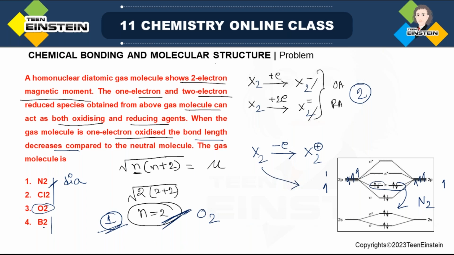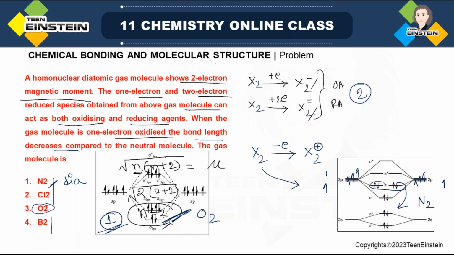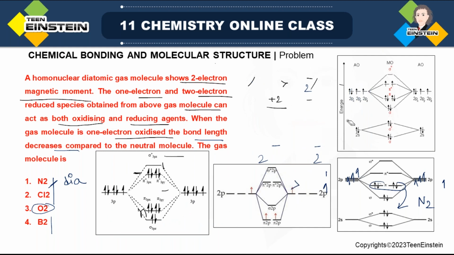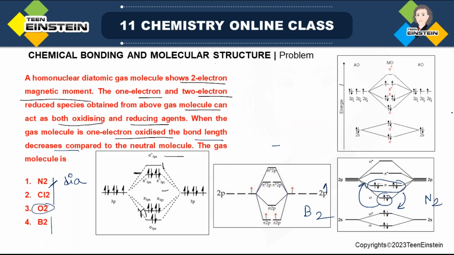So we have to choose between these two, because if you consider chlorine, there is one mistake: it should be below, it should be up. So this is for B2, this is for N2, this is oxygen, and this is chlorine.